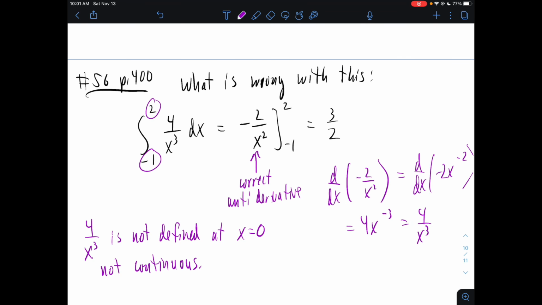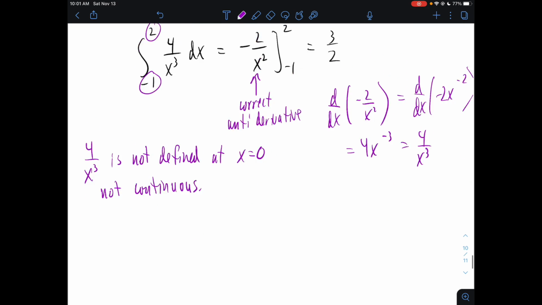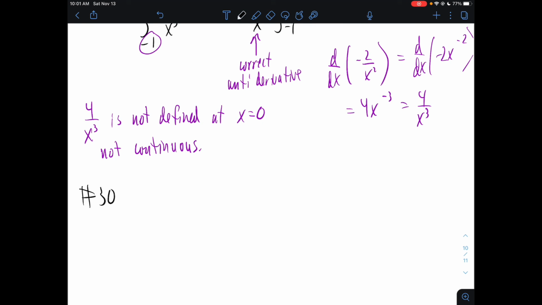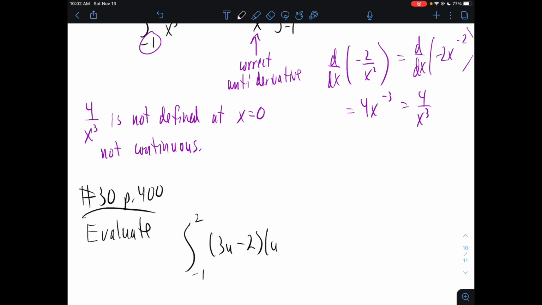All right, so then finally, one last problem to see something that we can do. Number 30 on page 400, we want to evaluate the integral from -1 to 2, again, but a different function. 3u minus 2 times u plus 1 du.